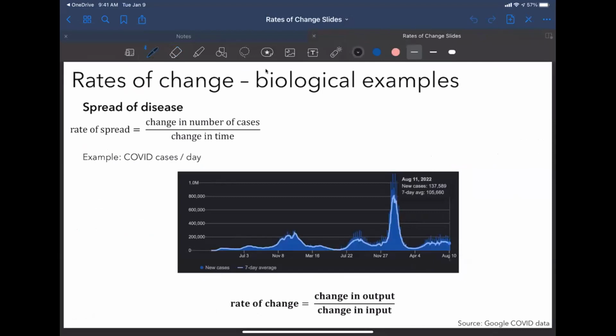Here, what is being measured is the rate of spread, which we often quantify as the change in the number of cases over some change in time. This ends up looking like the number of COVID cases per day. This is data that you probably used to see everywhere, but this is the most recent data as of August 11th, on the number of cases of COVID per day, as found on Google.